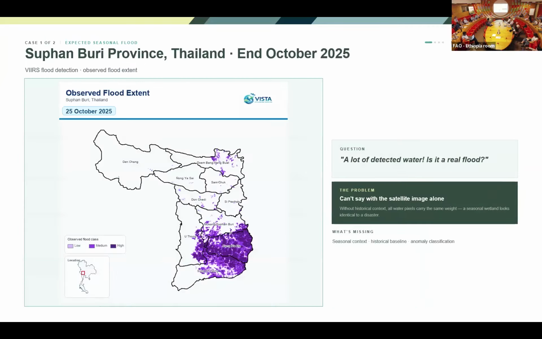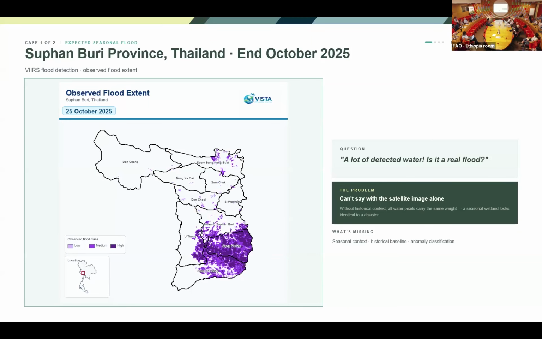I'm going to skip it. Let's have a look at this simple example of Suphanburi province in Thailand. This is the flood extent taken from an image of late October 2025. We see there's a lot of water. Is that a real flood?